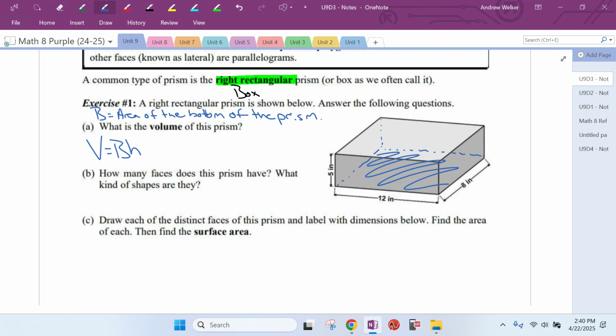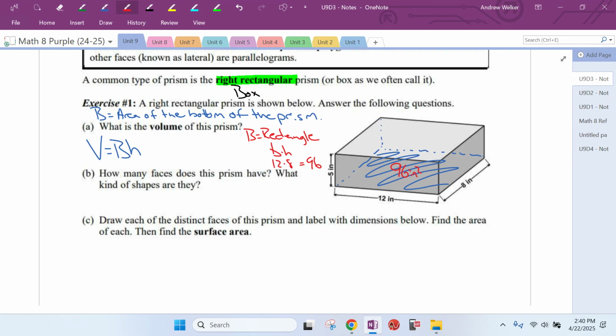So I find big B first. Big B is a rectangle. And the formula for my rectangle is base times height, which in this case would be 12 times 8, which is 96. So I know that the area of the bottom of my box is 96 inches squared, right?